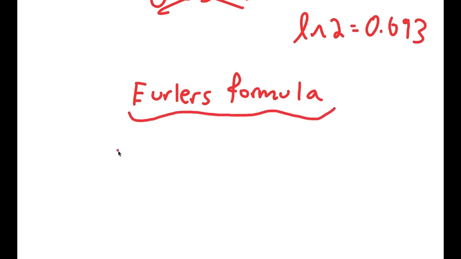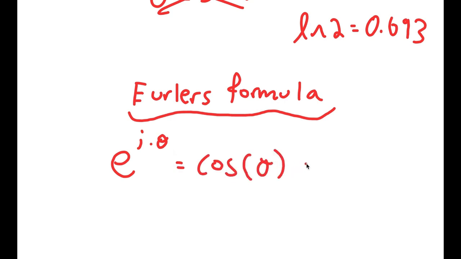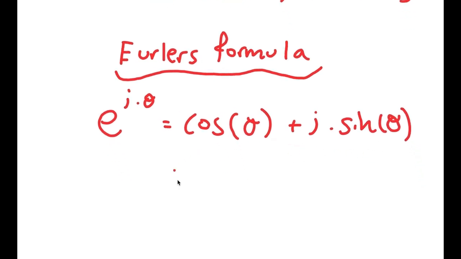So this formula states that if I have something in the form e to the power of i times theta, this is equal to cosine of theta plus i times sine of theta. And I know this may seem a little confusing right now, but let's walk through it.